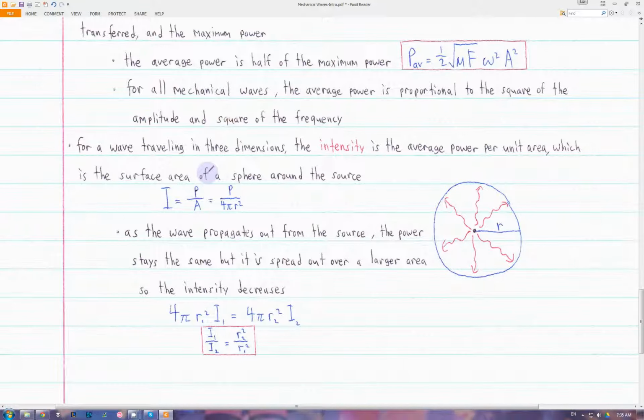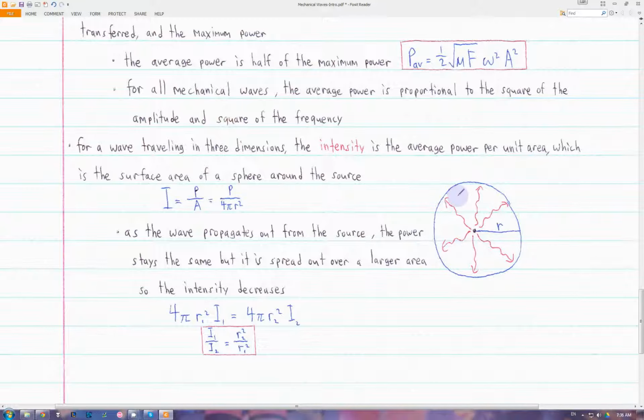So if this point is the source of the wave and it's traveling out in 3 dimensions, obviously this is 2 dimensions, but imagine it's in 3 dimensions, and we draw a sphere around the source at any point we want, then the intensity of the wave at that point will be the average power divided by the surface area of the sphere.